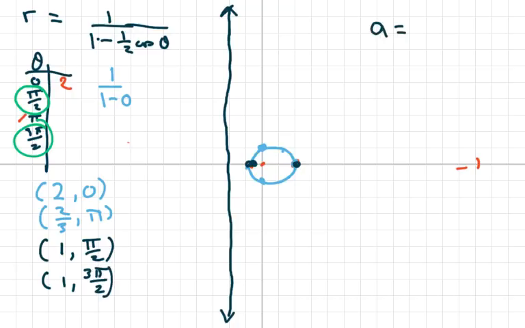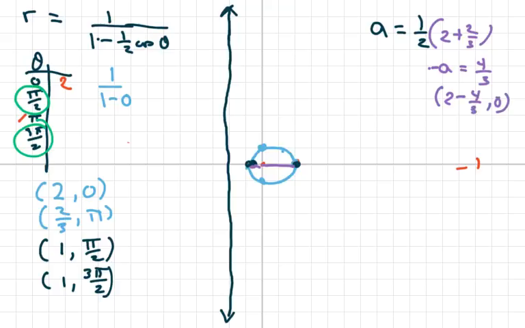Our a is 1/2 of 2 plus 2/3, so a becomes 4/3. So your center is going to be 2 minus 4/3, 0, which is 2/3, 0.